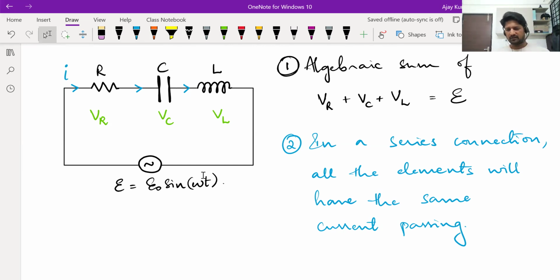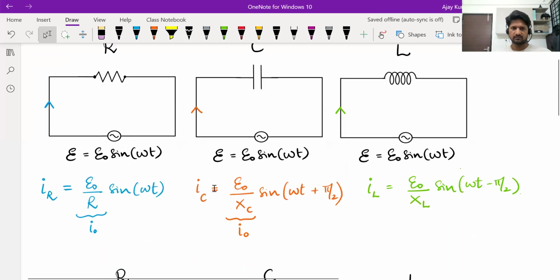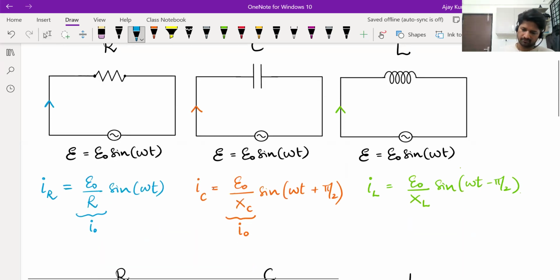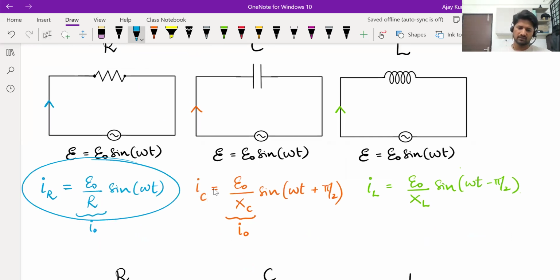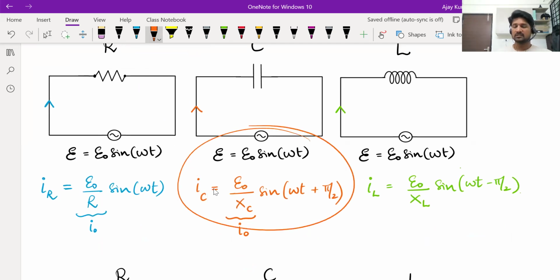Now, if an alternating voltage is directly applied to a resistance, you get a current in this form. Resistor will try to keep the current in the same phase as the EMF. If an alternating voltage is applied to a capacitor, you get a current of this kind. What does the capacitor try to do?